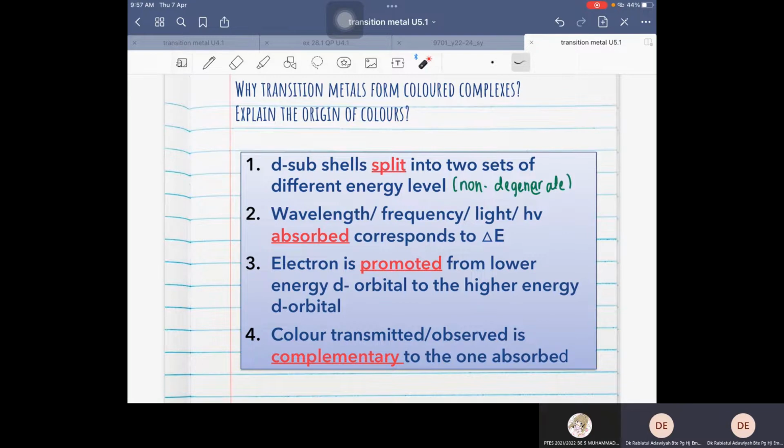They have more than one oxidation state. And secondly, their ions must be colored. Whereas for scandium and zinc, their ions are not colored. They only have one ion, which is Sc3+ for scandium. Zinc is Zn2+, and yet they're both colorless.